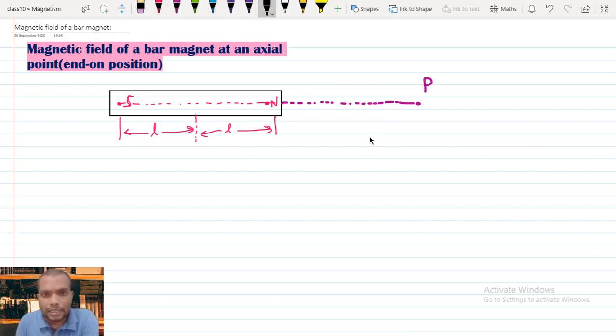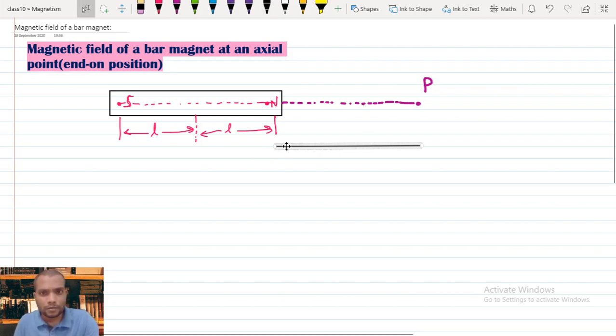Suppose I see clearly from the north pole to the point P. From the center of the magnet, the point P is at a distance of r.